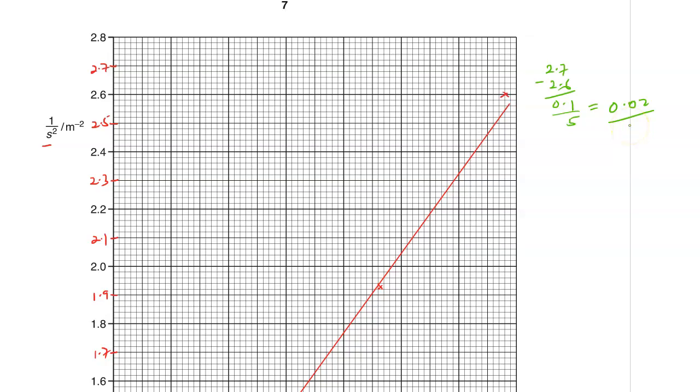Right. So each one of the divisions is 0.02. So 0.16 divided by 0.02. This is 16 divided by 2. So this will be 8. So 8 divisions from here. So 1, 2, 3, 4, 5, 6, 7, 8. So there. There.